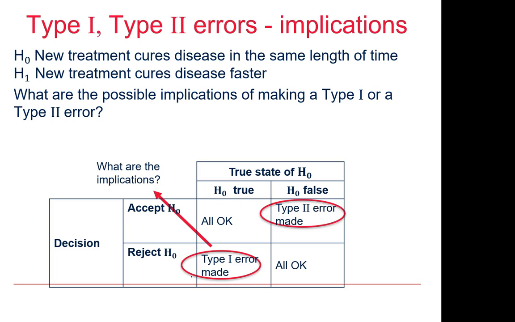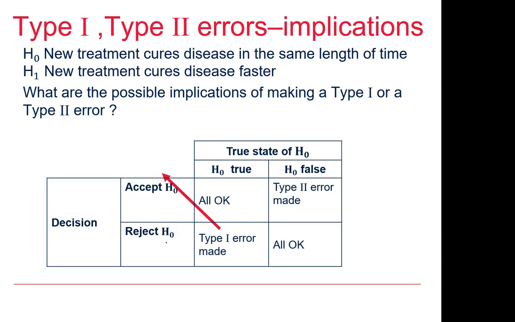What are we going to think about that? And secondly, if the null hypothesis is false and in fact the new treatment is better, but we end up accepting the null hypothesis and saying there's no evidence to doubt the new treatment is exactly the same, what would be the implications of that?